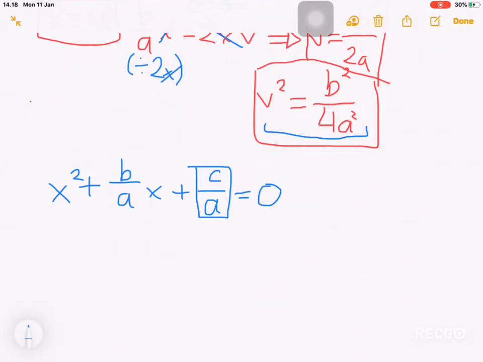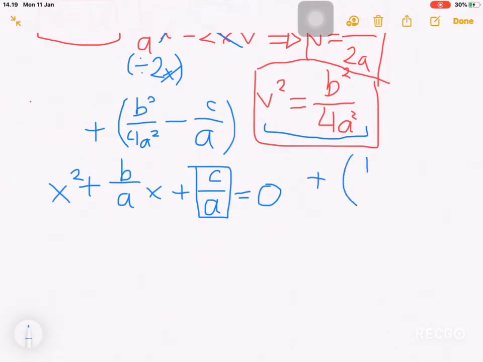Well, this is just equal to adding the following. We can just add b squared over 4a squared minus c over a. And notice it's very self-explanatory. If we add this, we get that. So yeah, and don't forget, we need to add this on both sides. There we go.